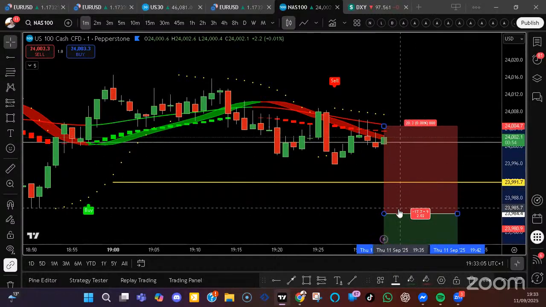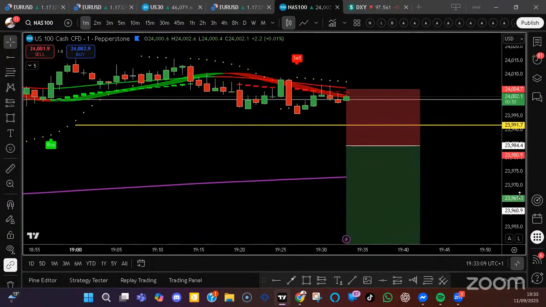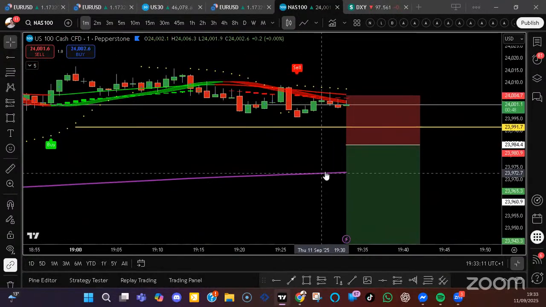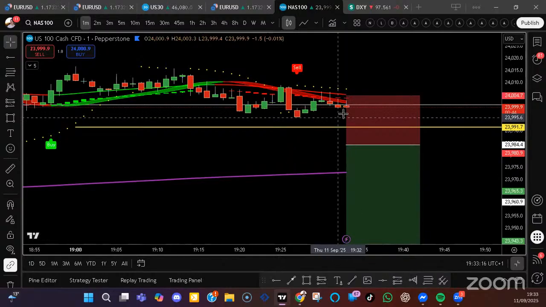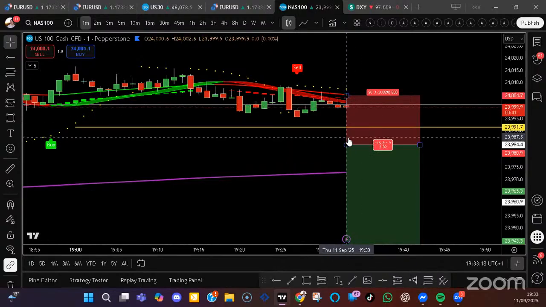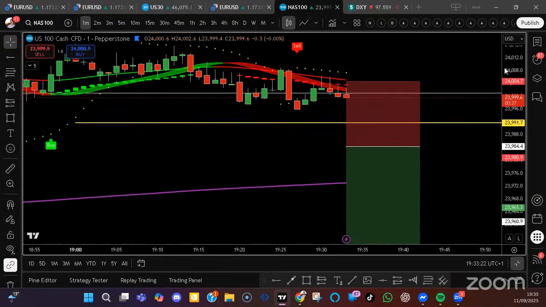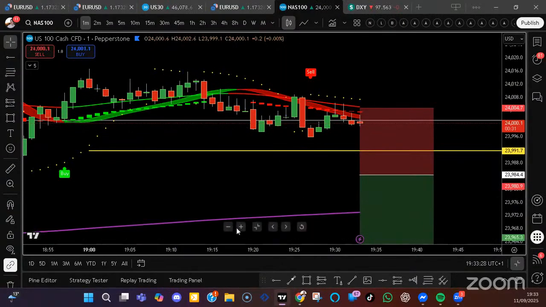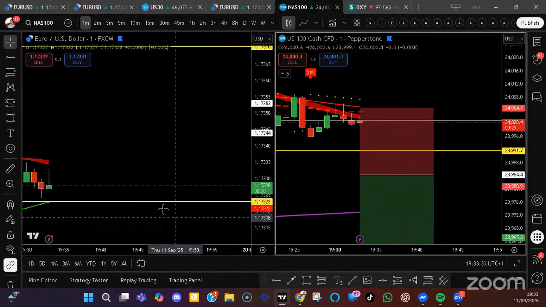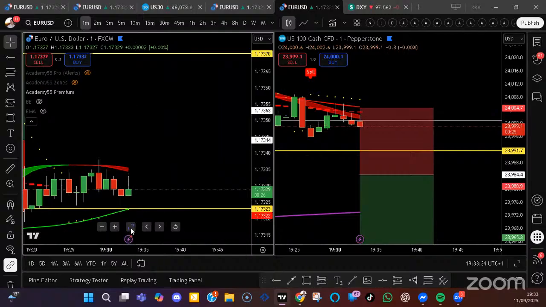This is 2,000 units, which is equivalent of 2 pips. So as you can see, before I consider the trade, it's got a long way to go. It would already be in the buy zone. This is the start of the buy zone. So trading on the US 100 is out of the question. Trading on the EUR USD was very, very difficult, and I didn't manage to do it.